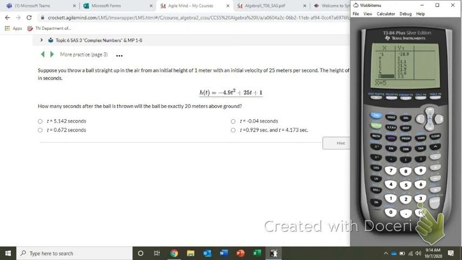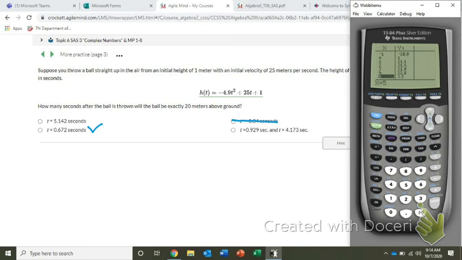What about negative 0.04? Is that between 0 and 1? No, because it's negative, so we don't need that. What about 0.672? Is that between 0 and 1? Yeah, so that may be it. The last one says 2 answers: 0.929 and 4.173.